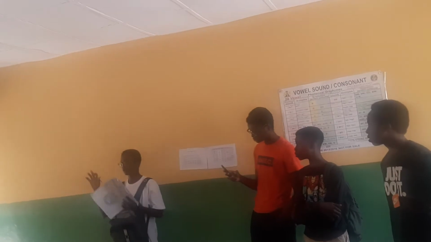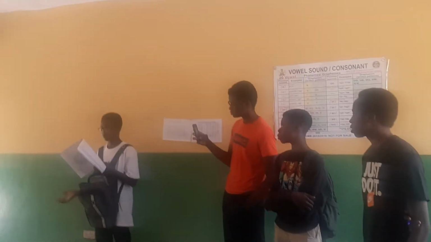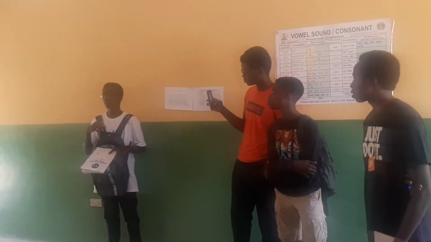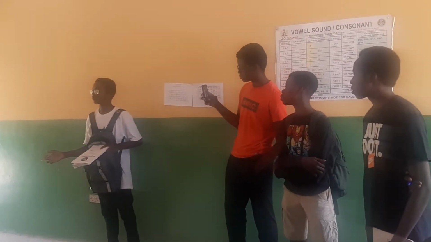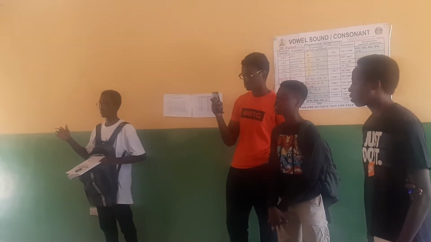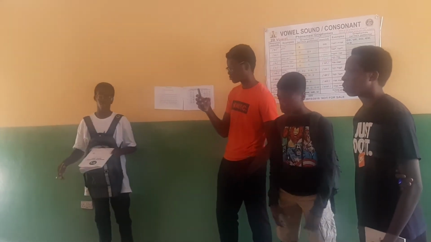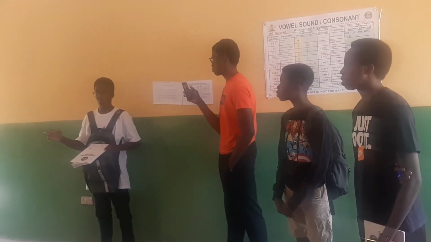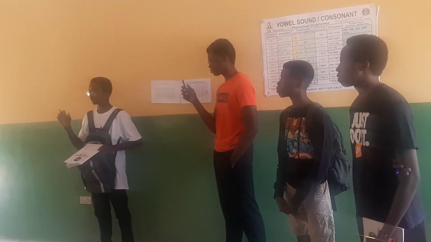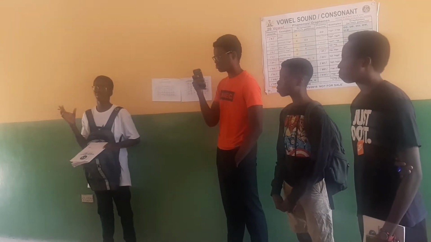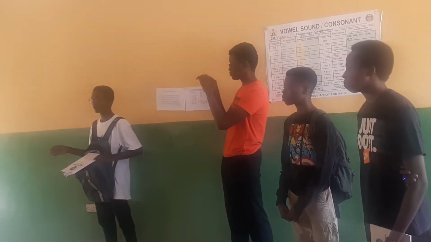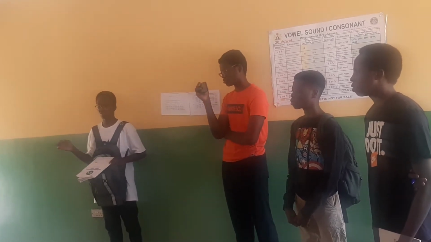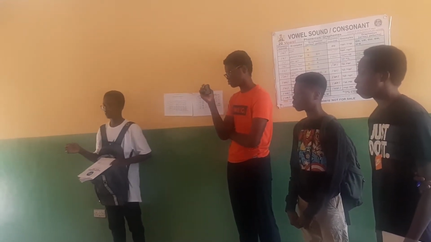We have a couple of different types of verbs. There are action verbs and there are linking verbs. Action verbs are like the ones he told you, like running or fell or slam, verbs that describe an action. Then you have linking verbs, like is, to be, are, and stuff like that.